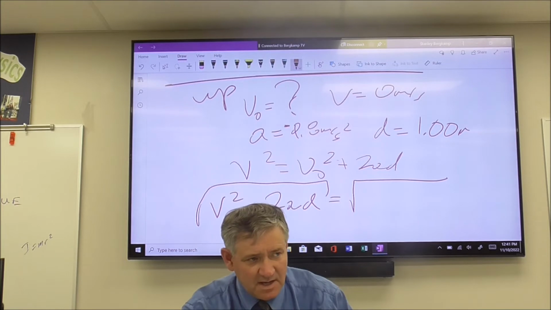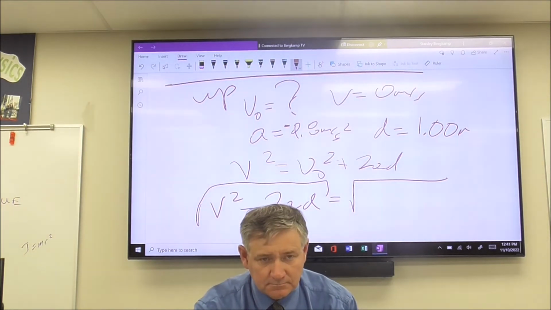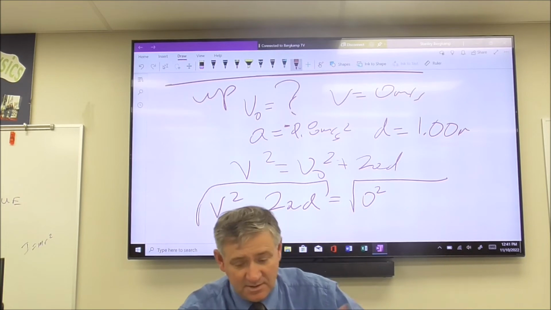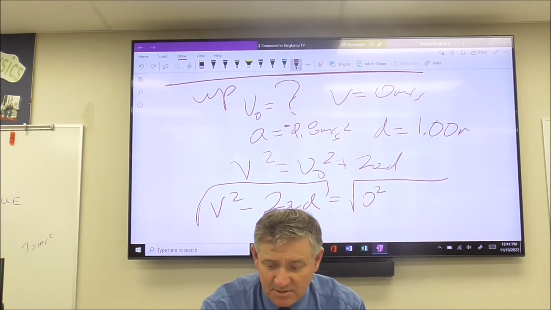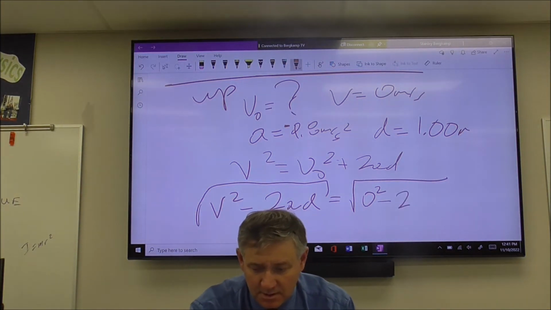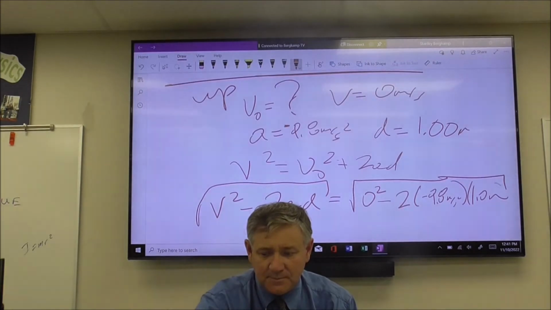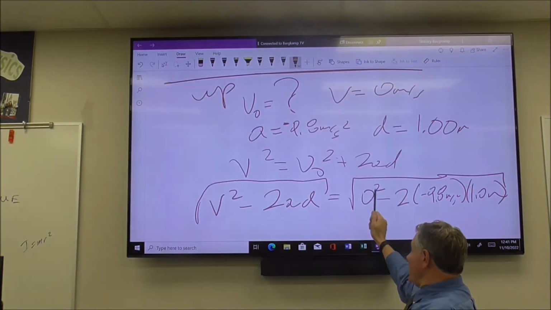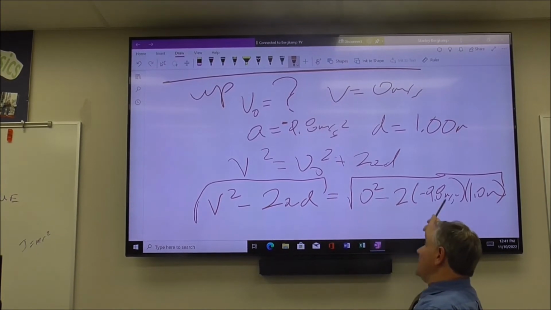Now, here's the tricky part. What's my final velocity going to be? 0. It's important that you put that in there, and here's why. Because we're going to have 0 squared minus 2 times negative 9.8 meters per second squared times 1 meter. So now I have 0 squared minus a negative number.